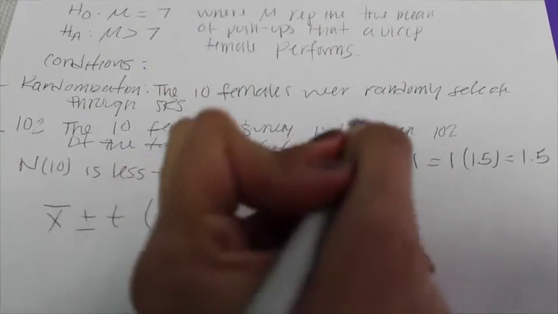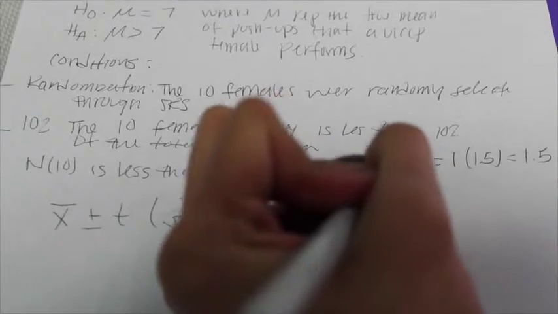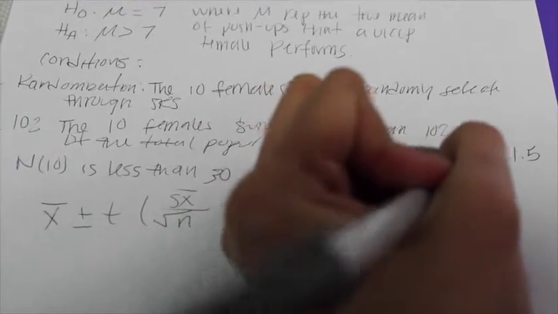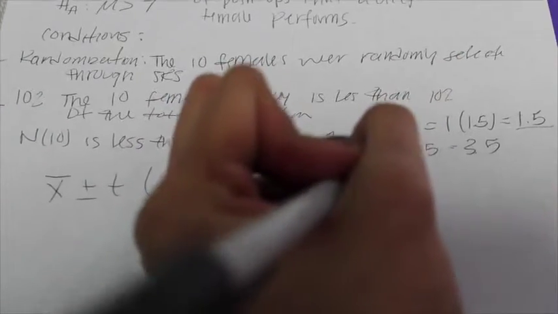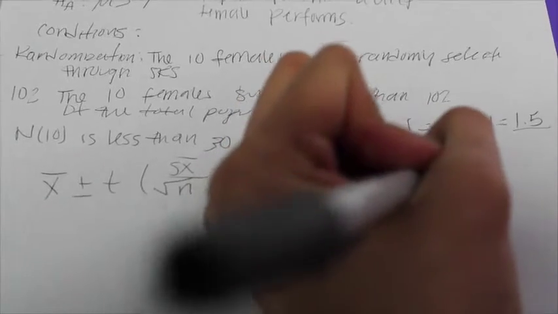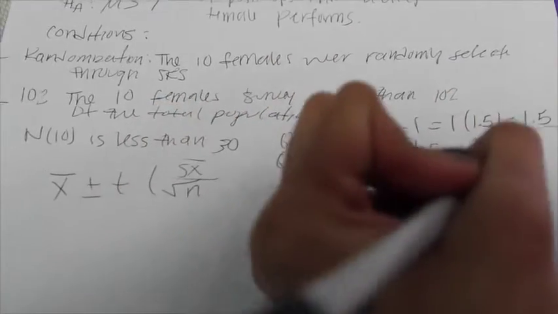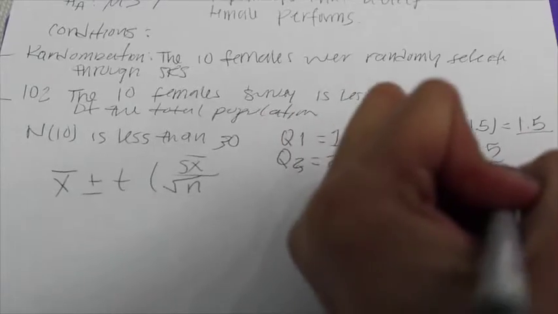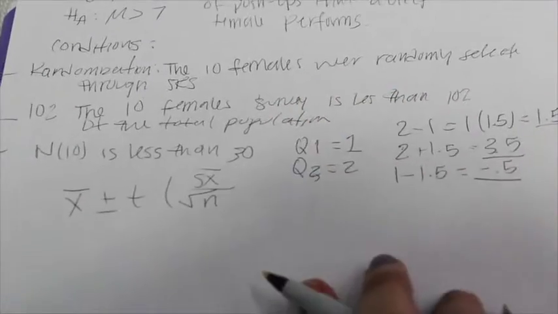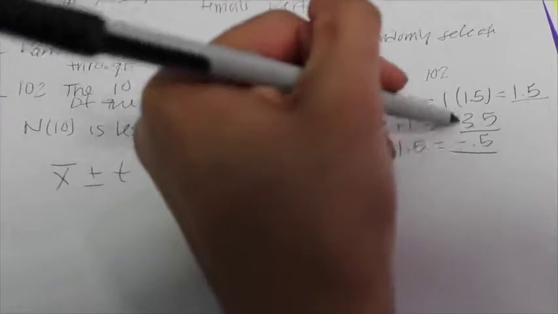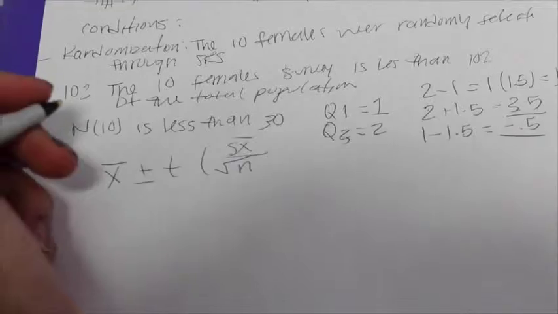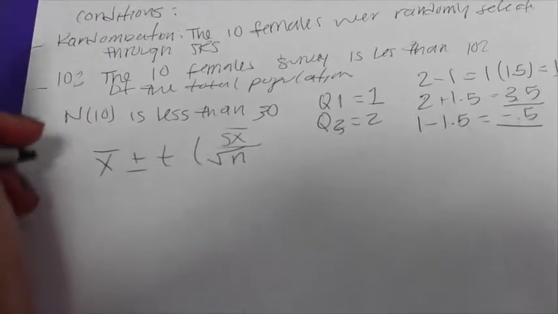So then we have Q3, so we have 2 plus 1.5, which is 3.5, and then we take Q1 minus this answer, so it would be 1 minus 1.5 is equal to negative 1.5. So our upper bound is 3.5 and our lower bound is negative 1.5, and this resulted in we had to remove 2 of our data points because they were out of our bounds. And okay, so now we have that, we can move on to the mechanics.